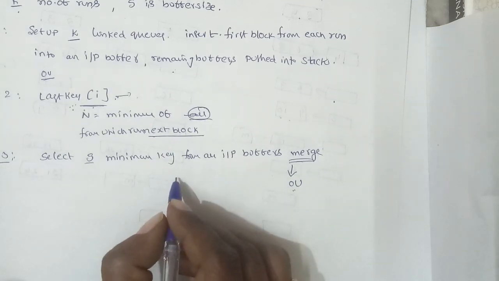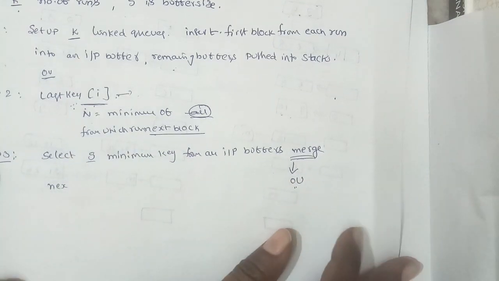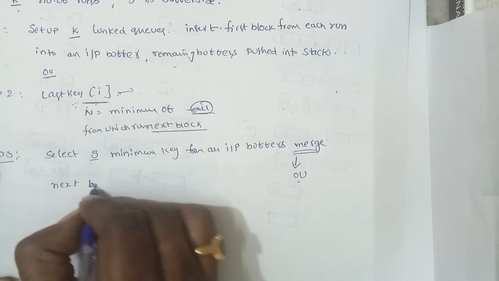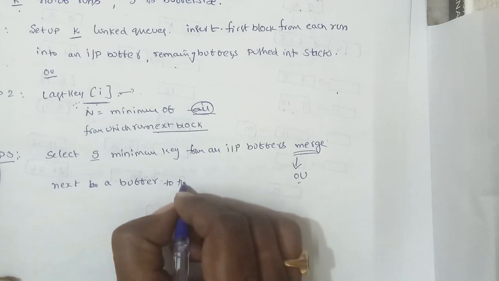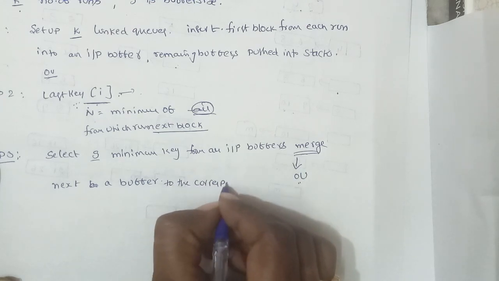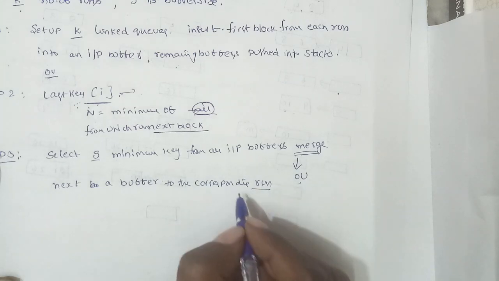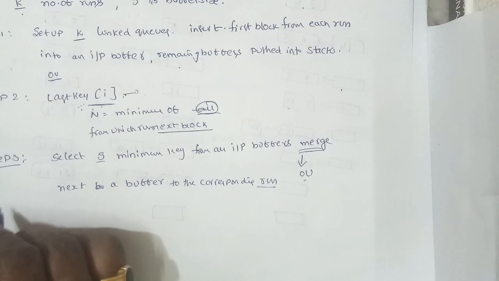The same operation. What is the next step? Based on the next block, we assign a buffer to the corresponding run and perform the operation repeatedly.